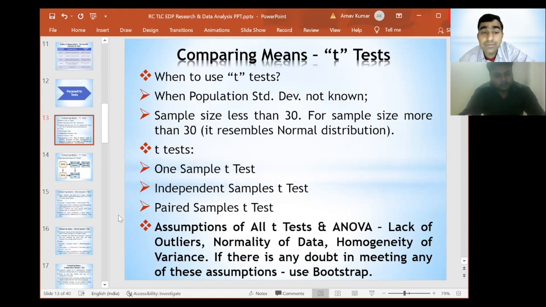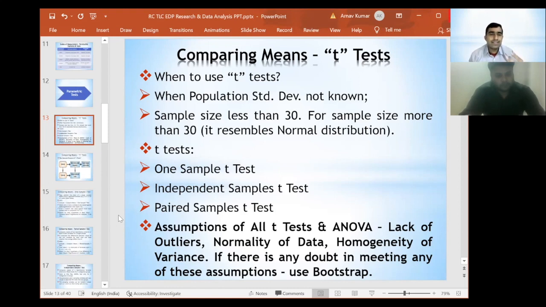The T distribution resembles the normal distribution as the sample size grows larger and larger, especially when it crosses the benchmark of 30. So below 30, T should be used, and above 30, there is not much difference between the T distribution and the normal distribution. So ultimately, in both cases, universally, we use the T distribution.